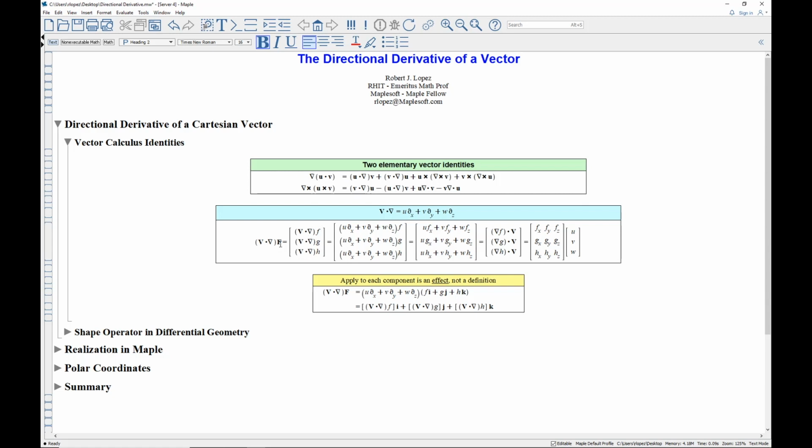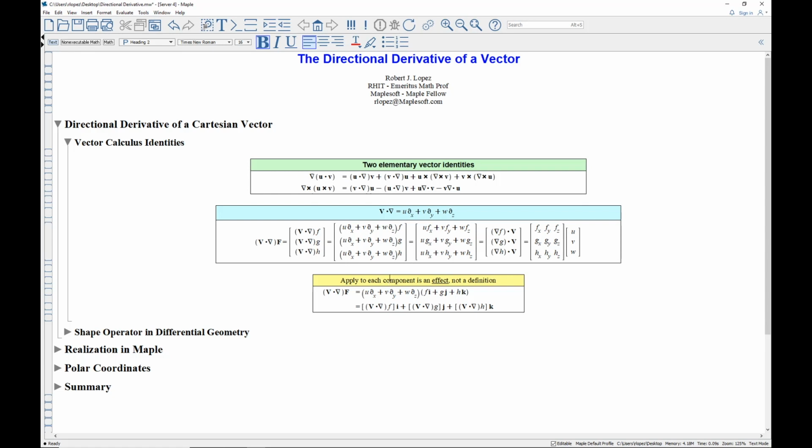Here I've called it F. And this is what it would then look like. V dot del on the first component, V dot del on the second, V dot del on the third. If you look at the result, you realize this could be written as a matrix. It's the Jacobian matrix times the vector u, v, w.